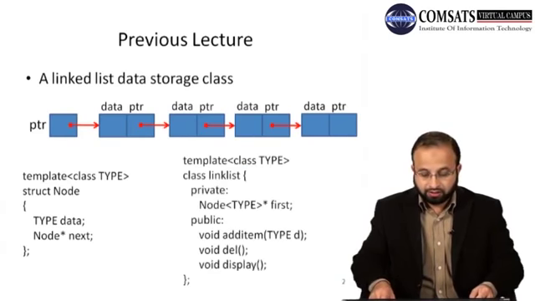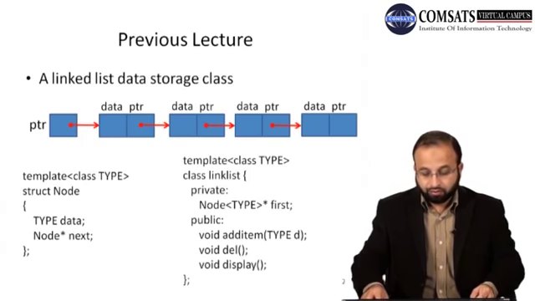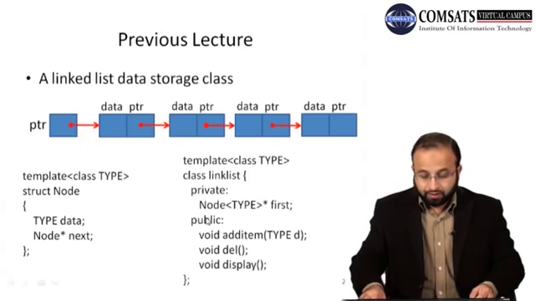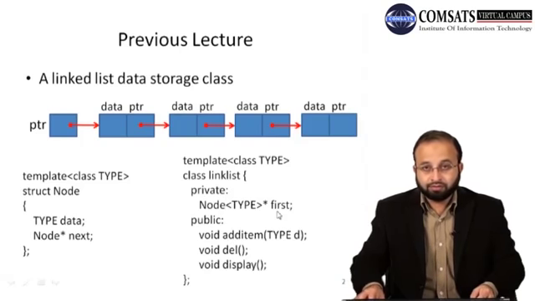This is the class definition with the prototypes of the functions. So the only data member of the class linked list is the first pointer. The pointer name is first, type is node, right? So this means that this first pointer points to a memory location where you can store a node, right?